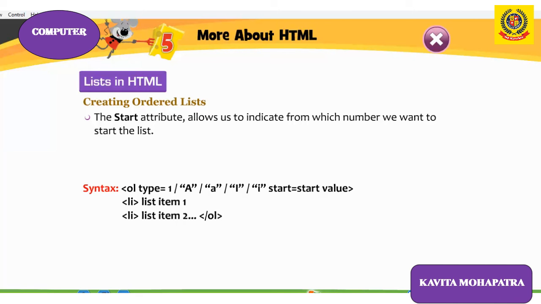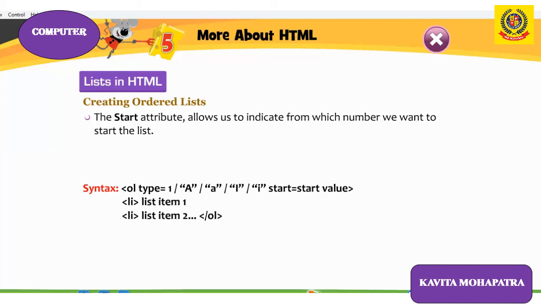So OL type equal to, this is the syntax. You can write down the syntax. OL type equal to 1 or A or small a, capital I, small i, start equal to start value. LI list item 1, LI list item 2, then OL close. So this is the syntax of an ordered list.